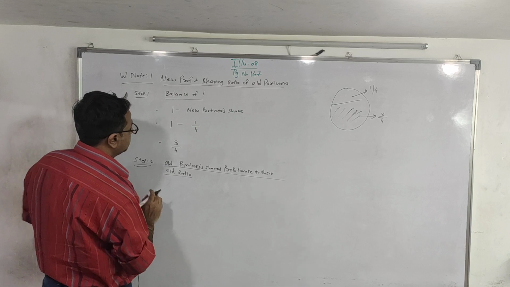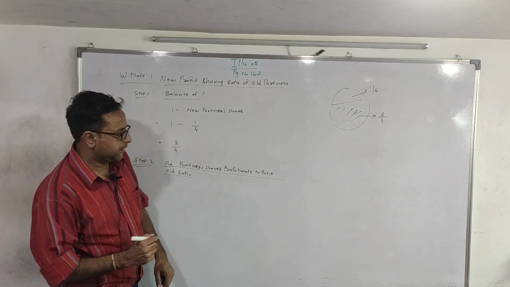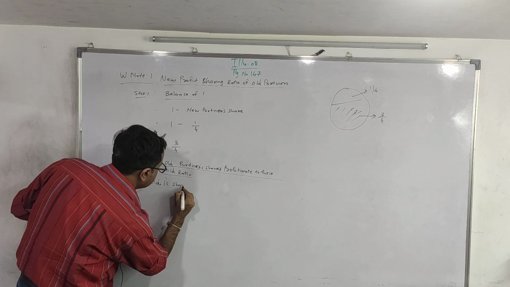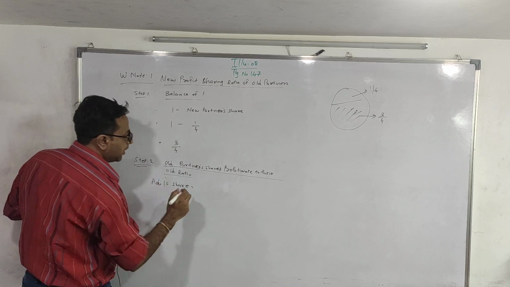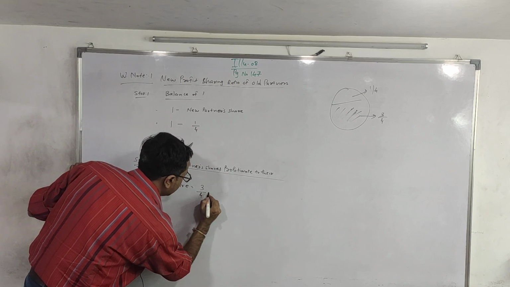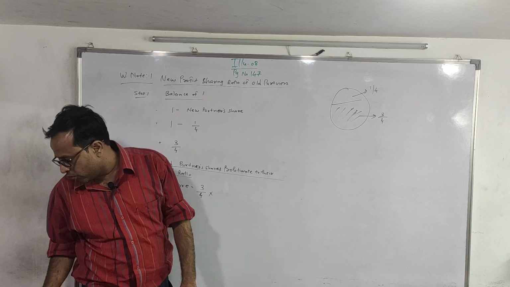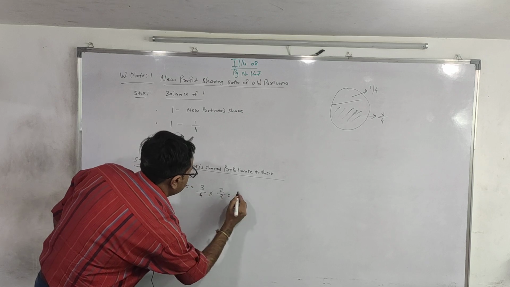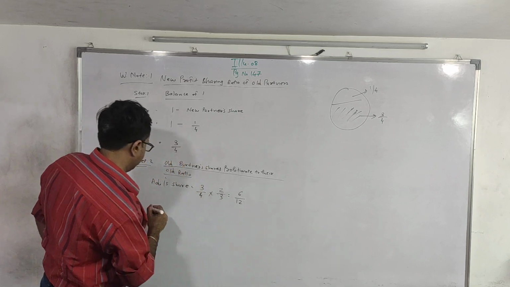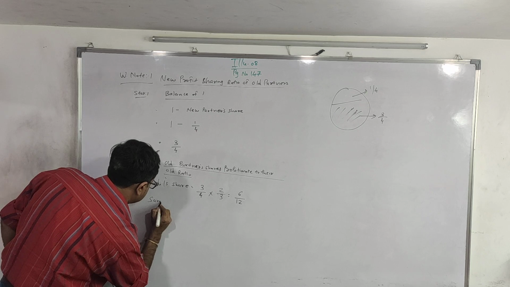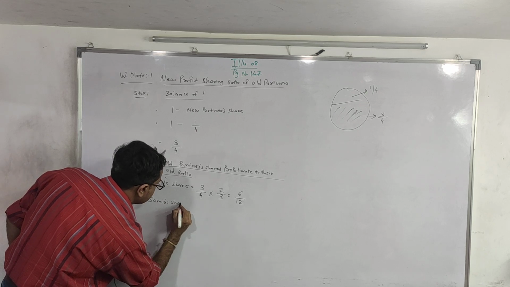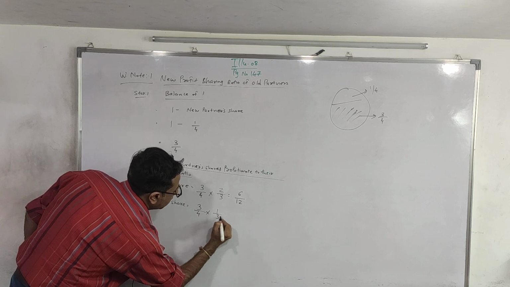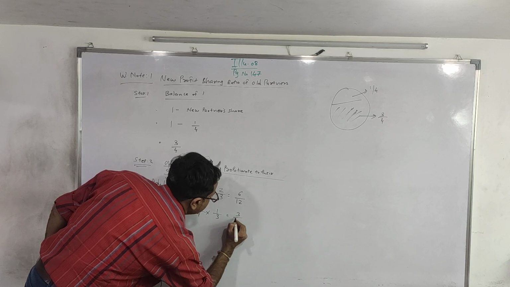So Adil's share is equal to balance of 1, 3 upon 4, into Adil's old profit sharing ratio, 2 upon 3, which is 6 by 12. And Samir's share is balance of 1, 3 upon 4, into 1 upon 3, so 3 upon 12.